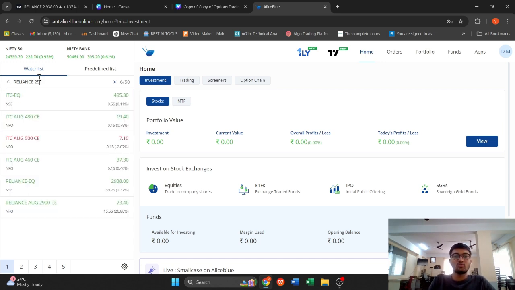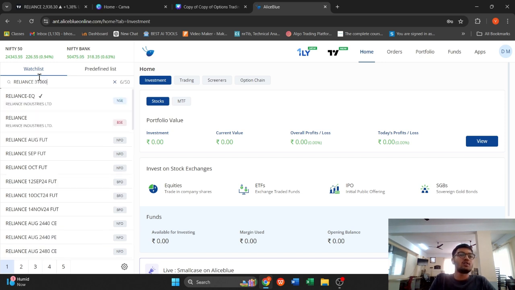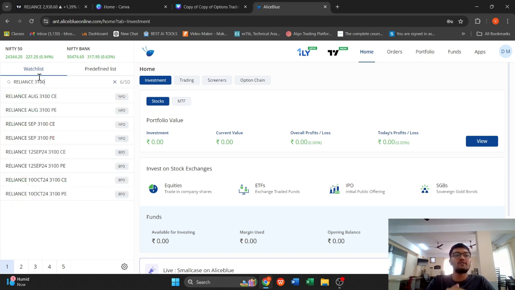So what strike price difference are you seeing in the case of Reliance? There is 2,900, after that 3,000 rupees, after that 3,100 rupees.